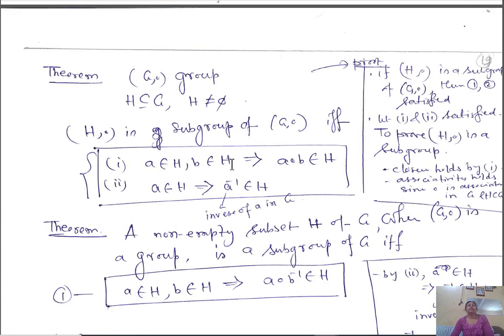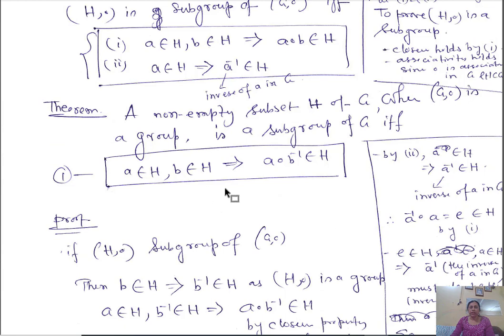Okay, so to show that a subset H is a subgroup of G, you can show it this way, that a ∘ b inverse belongs to H, or in this way, the two properties. Either these two you show or this one you show.